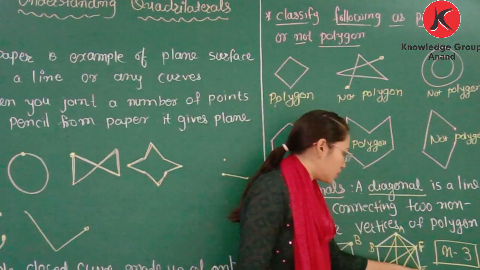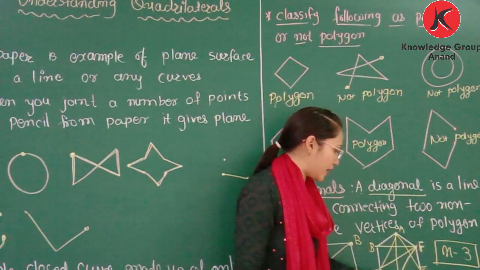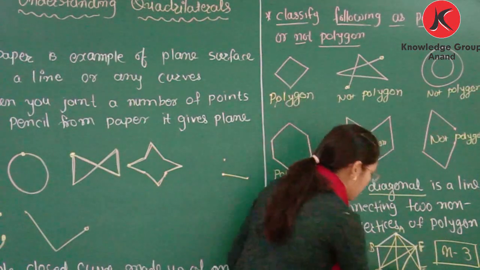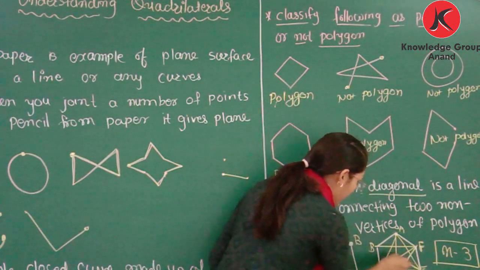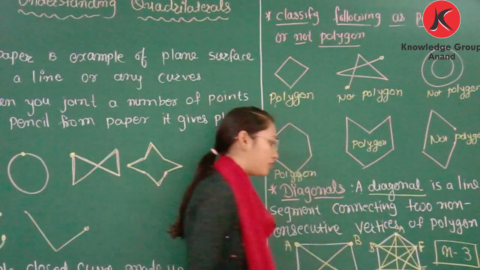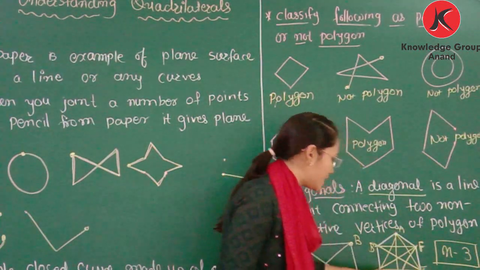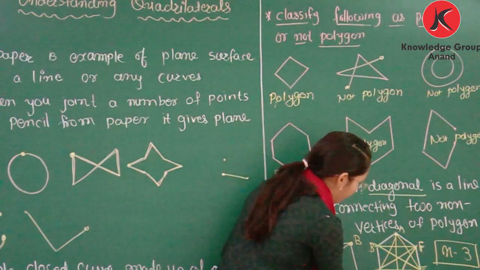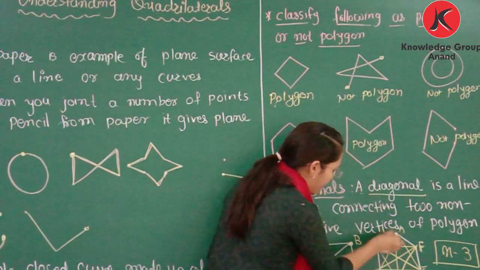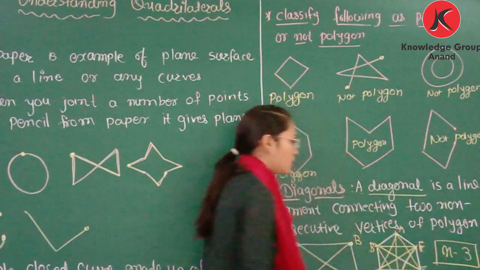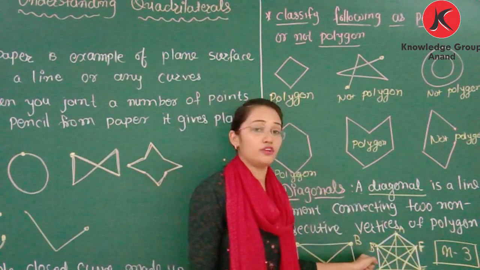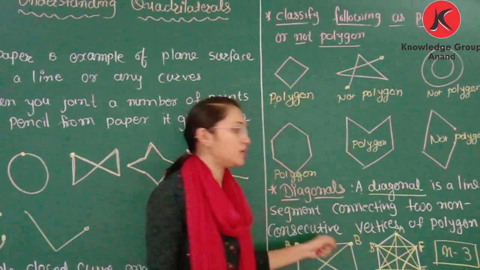Now from E, consecutive vertices are F and D. Remaining points are C, B, and A is already drawn. Now from D, consecutive vertices are E and C. So remaining are B, A is already drawn and F is already drawn. This way we can draw diagonals in any polygon.